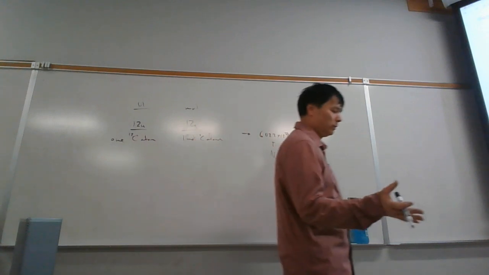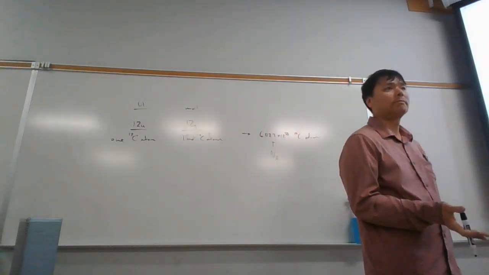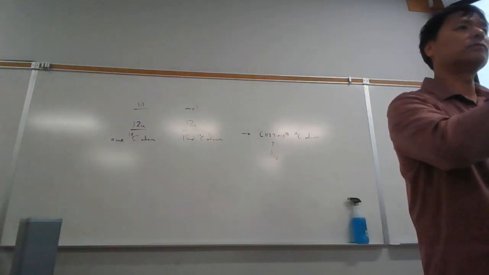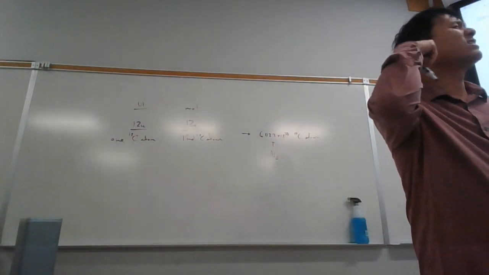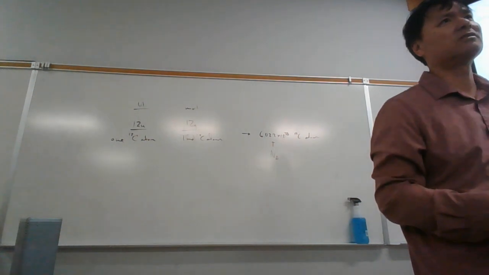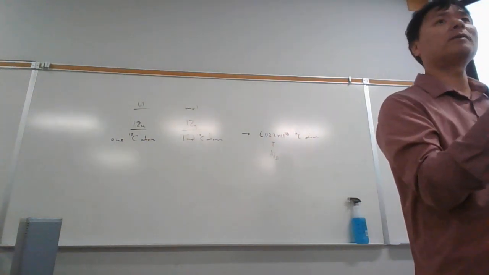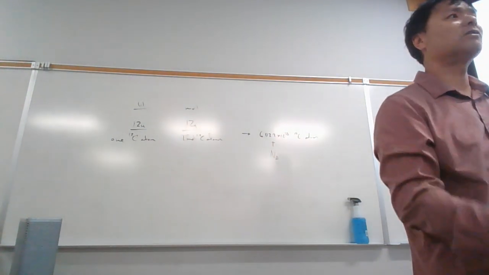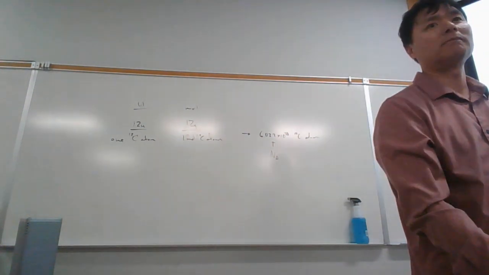How many U are in a gram? You know, when I was in physics, I memorized how many grams are in a U. 1.67 times 10 to the minus whatever, I forgot it. Because it's much easier to remember how many U are in a gram. Do you know how many U are in a gram?